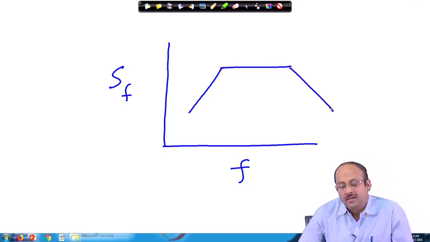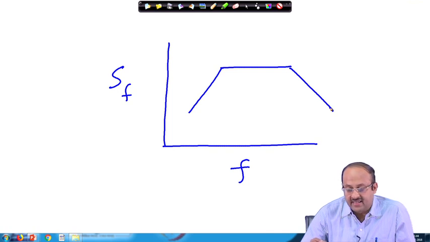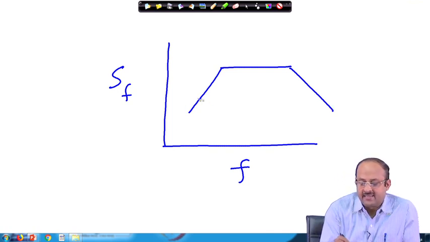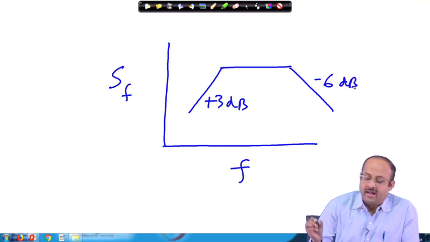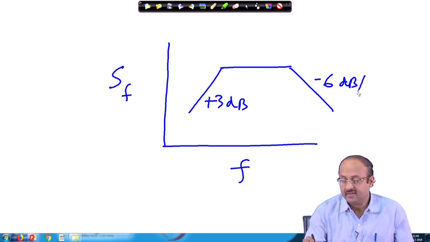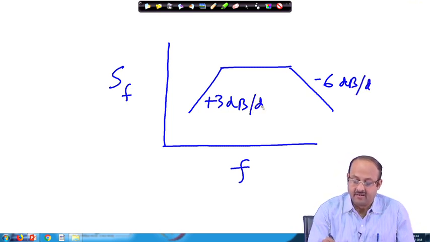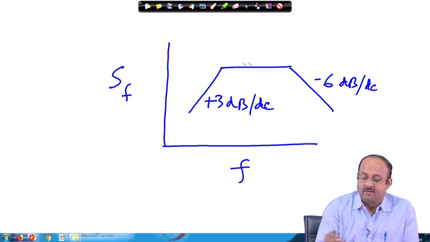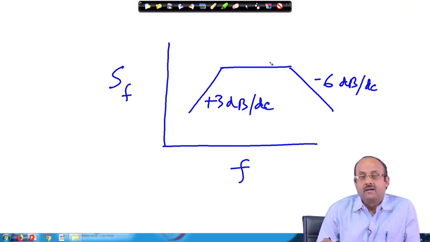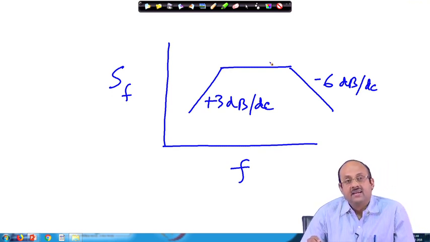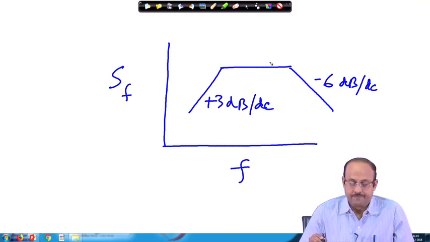For example, in a standard testing protocol, we will have an S(f) function where the increment is 3 dB, maybe this is minus 6 dB per decade, and this is a constant function. So, this is a typical S(f) curve. Knowing these S(f) functions, we can find out the response using the standard theory of random vibration, which is of course quite deep, and I am not going to go into those details.